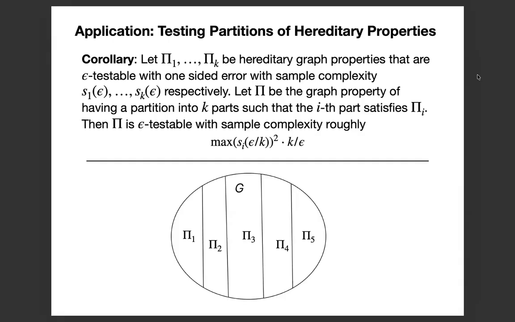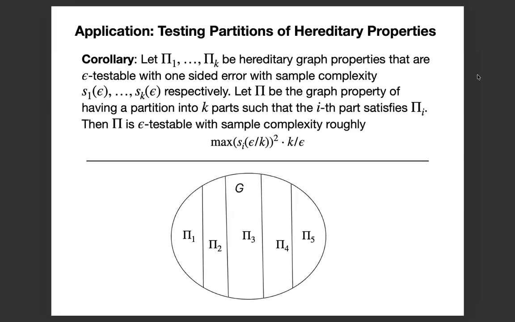So imagine we have a bunch of properties, pi1 up to pik, and these are all hereditary graph properties. And I tell you that they're all testable with sample complexities S1 up to Sk. And now I'm going to design some new graph property. Your graph satisfies this property if you can split it up into a bunch of parts, where the first part satisfies pi1, second part satisfies pi2, and so on.